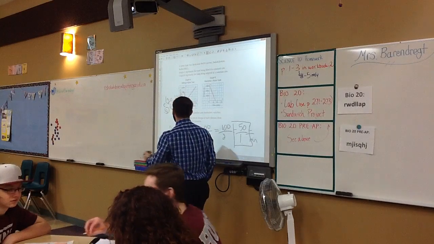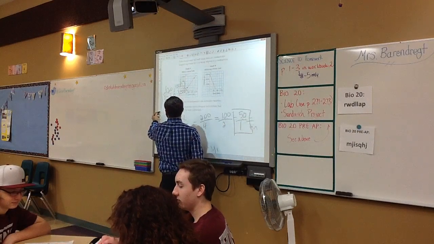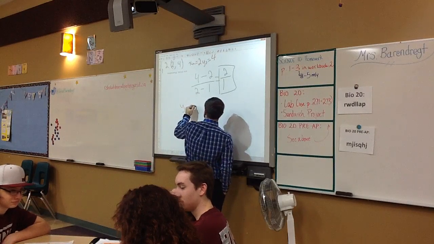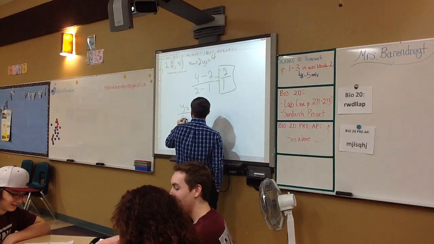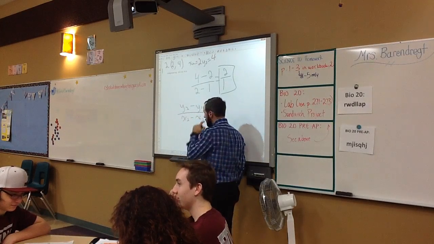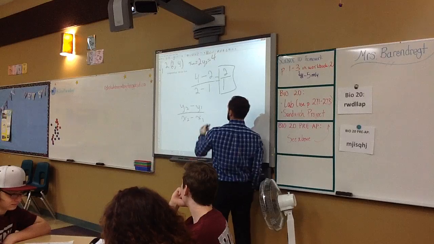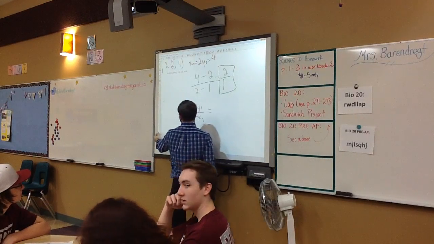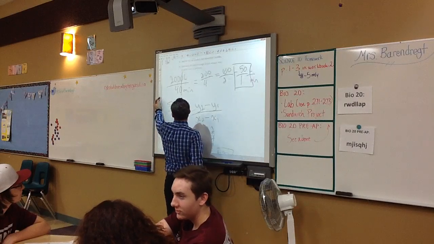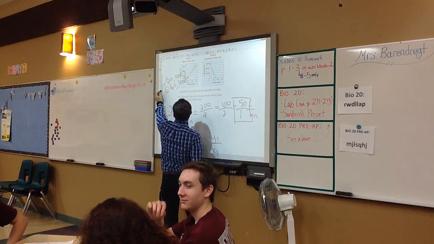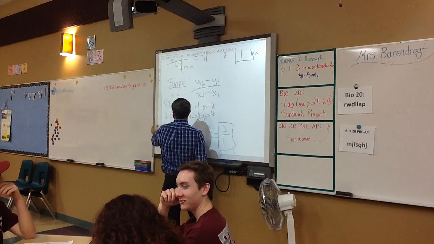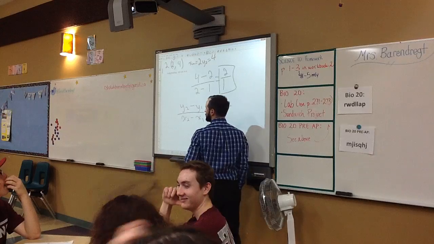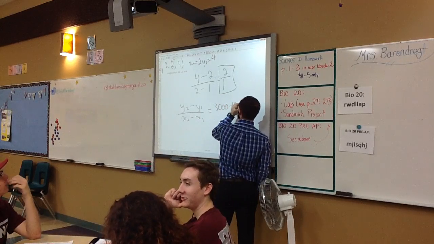Okay, if I'm using that information, y2 minus y1 divided by x2 minus x1, what do I replace? What does y2 become? What's y2? 3,000. What's y1? 1,000.